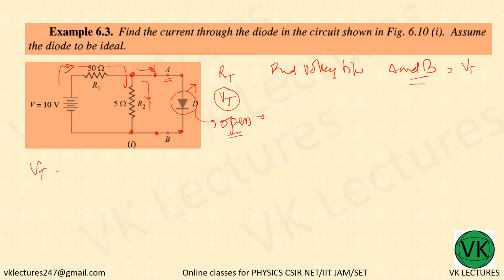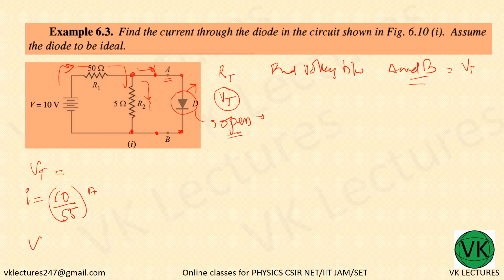So VT is equal to, first I am finding the current. I is equal to 10 volt divided by 55. That is the current, ampere. Leave it like that. Now, this much amount of current passing through this 5 ohm.